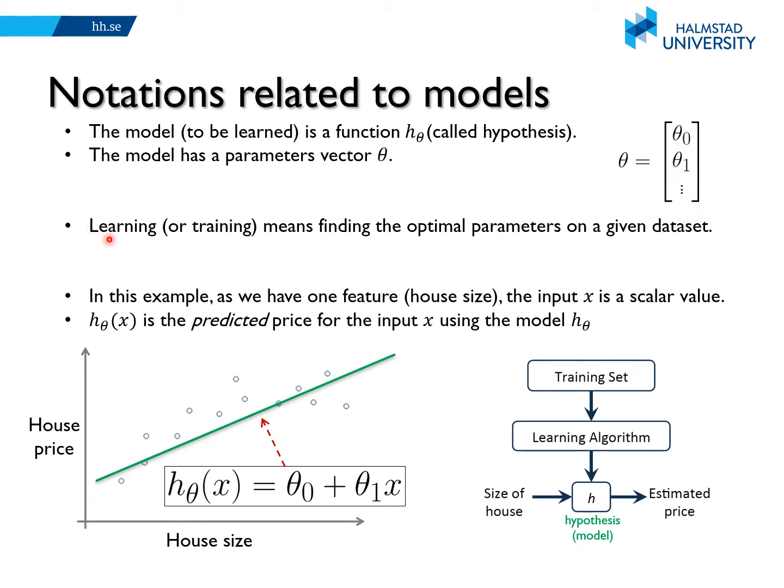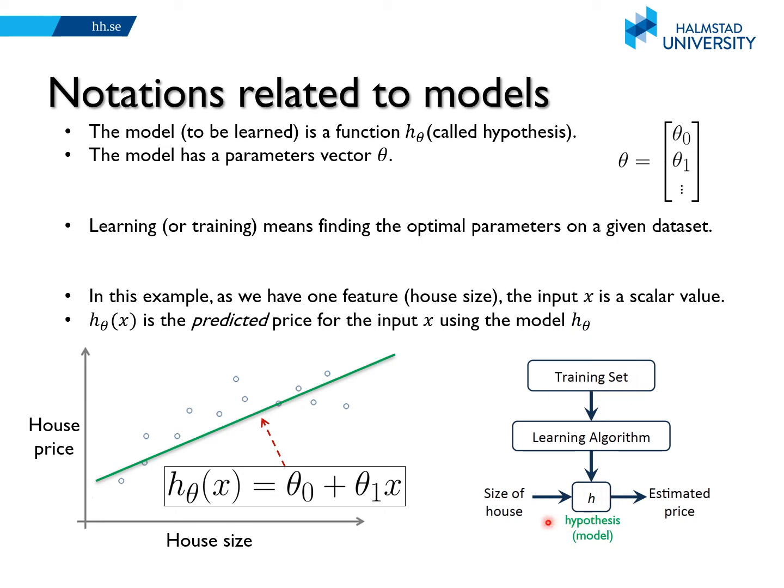And what we mean by learning or training is actually to find the optimal parameters on a given data set. So if you get some training data and you have some machine learning algorithm, training means that this algorithm will give you a model or will find the best parameters of the model on this training data set.